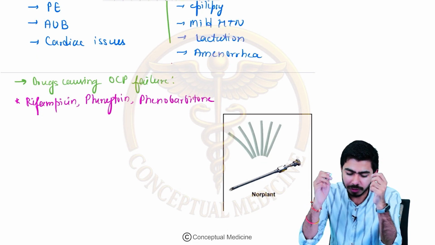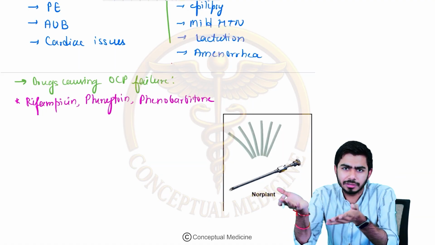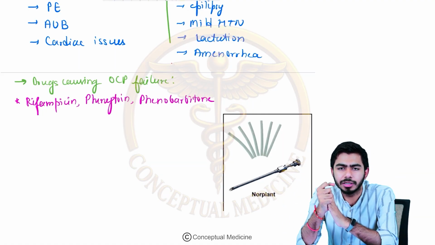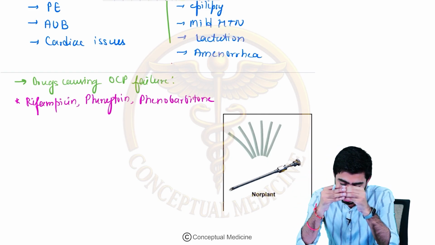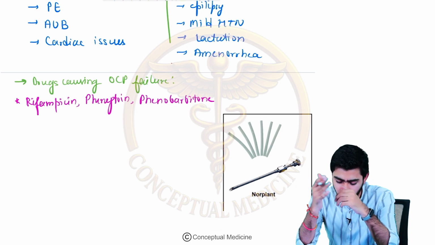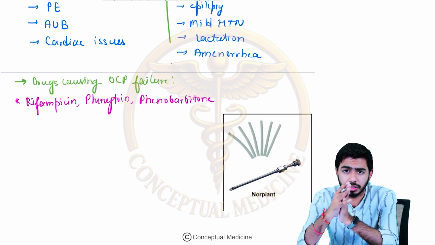So these drugs must be remembered, okay? You can remember them with the help of RP, right? Recently, this was a highlight on social media. So basically RP is not that RP which you are thinking, this is R for rifampicin and P for phenytoin and phenobarbital, right? So please remember the drugs which are causing OCP failure.